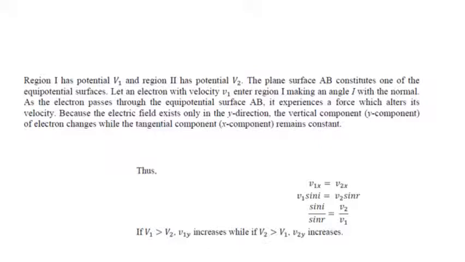If we equate this using sin i and sin r, we get v1 sin i equal to v2 sin r, and sin i upon sin r should be equal to v2 over v1. This law is similar to the refractive index calculation in Snell's law. If V1 is greater than V2, then v1y increases. If V2 is greater than V1, then v2y will be more.